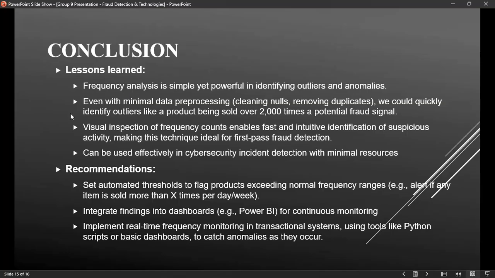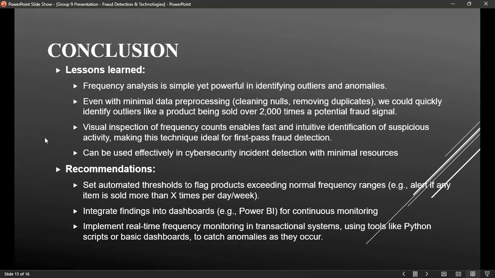So this is what we had to present as Group 9. The conclusion was that one of the lessons which we learned is that frequency test analysis, which we demonstrated, can help us effectively in cybersecurity incident detection with minimal resources.